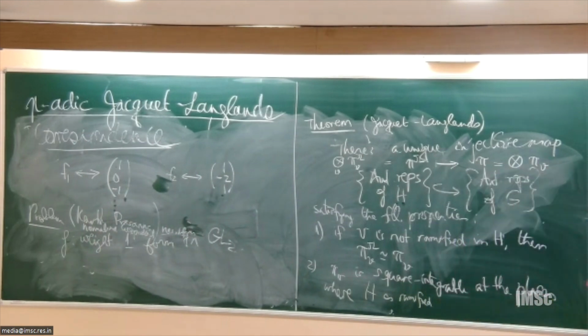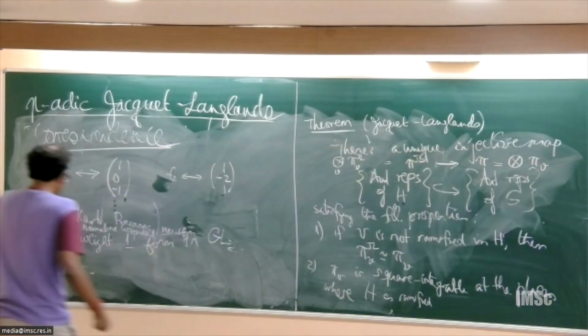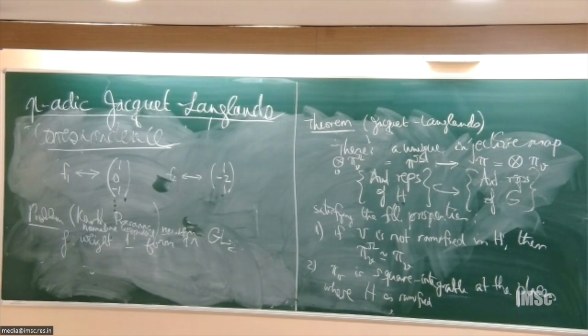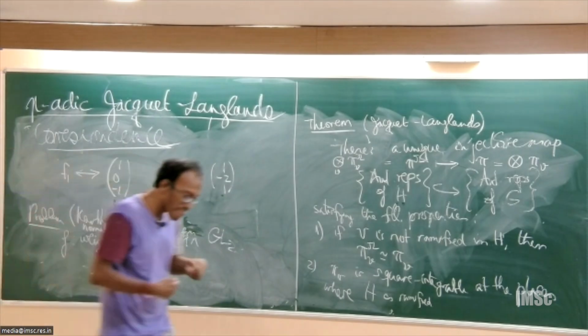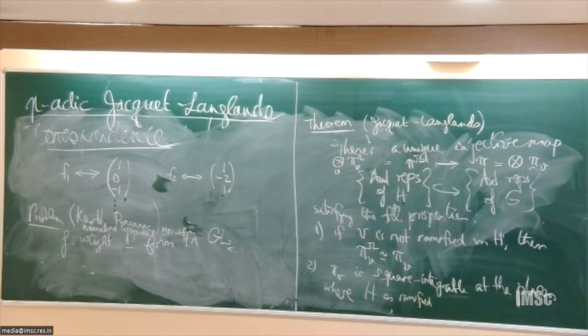So if, let's say, the two weights k1 and k2 are congruent mod p power 100, then I can find a modular form of weight k1, which is congruent to, let's say, 1 mod p power 100, and the Hecke eigenvalues are congruent to that of f mod phi of p power 100, the Euler phi function. So at least p power 99.